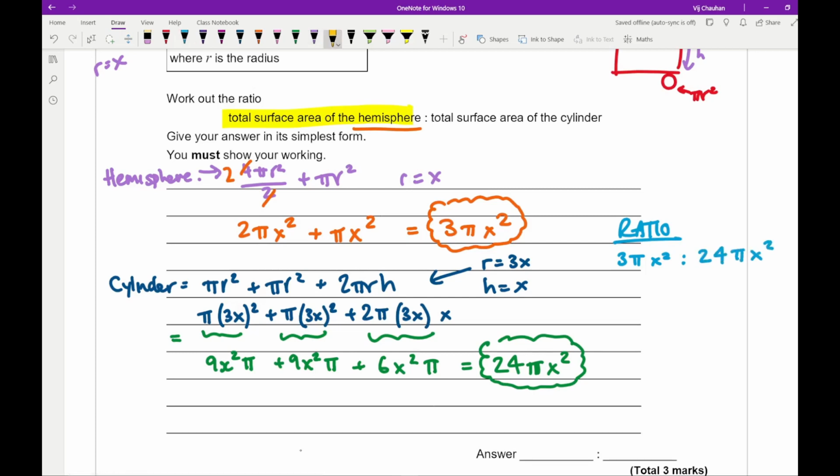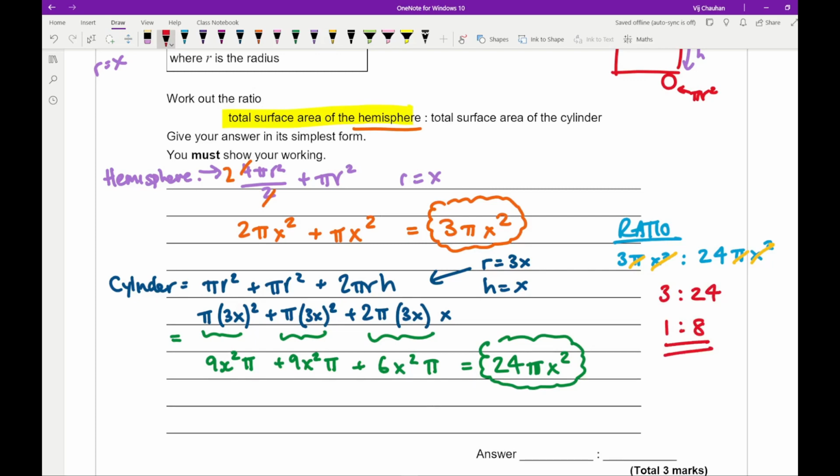Now as you can see, we can start cancelling things out. So we've got pi on both sides. We've also got an x squared on both sides. So what does that leave us with? Well, it leaves us with 3 to 24, which then simplifies to give me 1 to 8. And so there is my ratio.